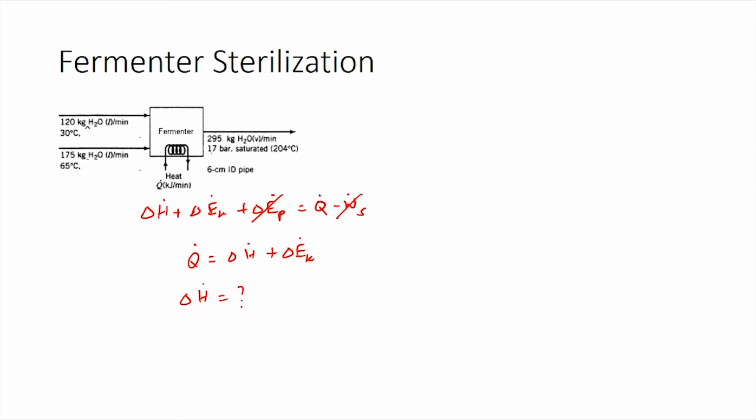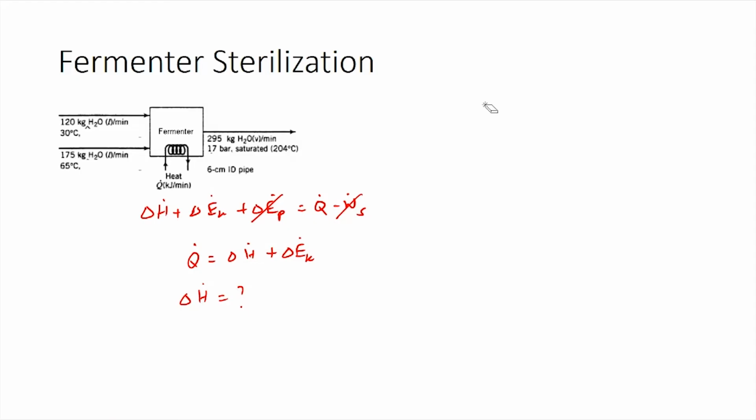Please go back and refer to steam tables from one of the textbooks, or if you have access to some other steam tables, to identify the enthalpies for the inlet streams, which are liquid water at 30 degrees Celsius and liquid water at 65 degrees Celsius. You would also have to identify the specific enthalpy for saturated vapor at 17 bar, which is your exit conditions.